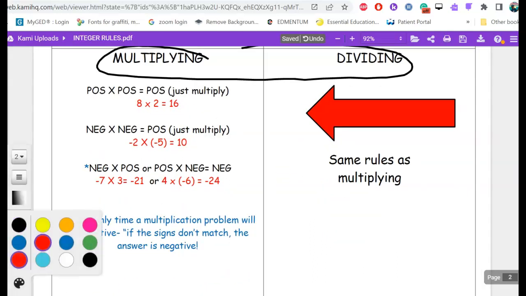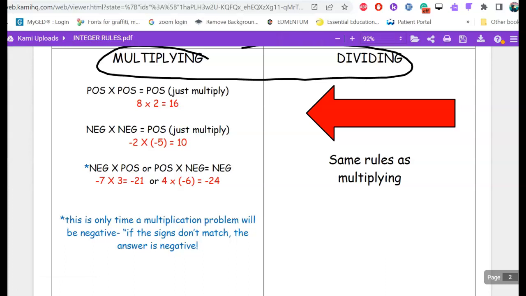When I have a positive times a positive, or I could say a positive divided by a positive, my answer is positive. For example, we all know positive 8 times a positive 2 gives me a positive 16. When we have a negative times a negative, your answer is also positive.